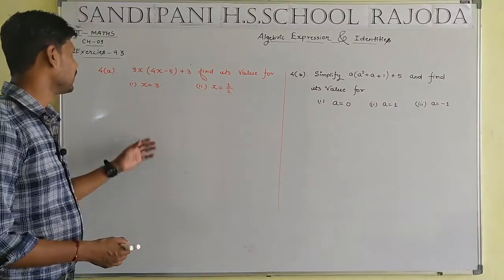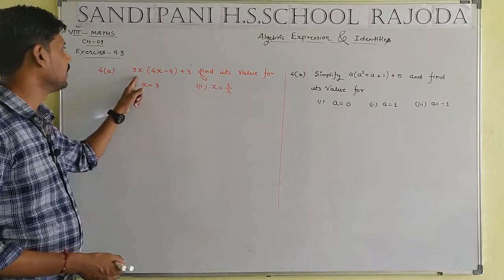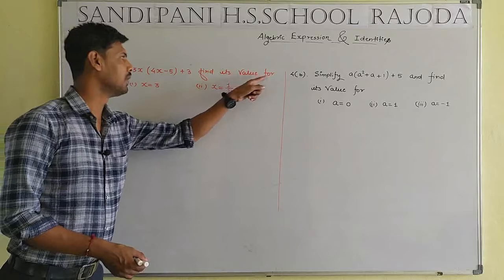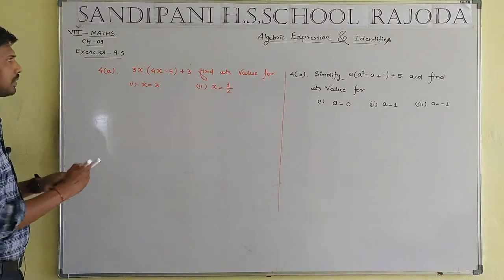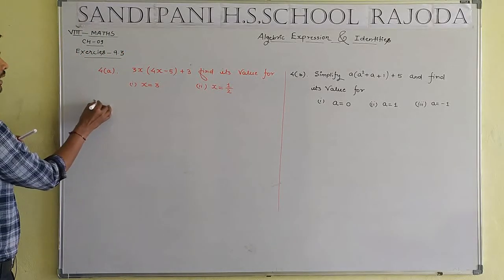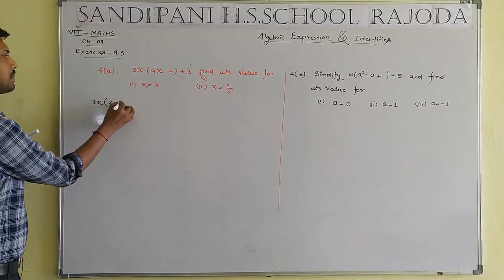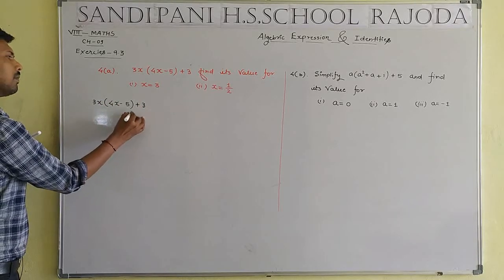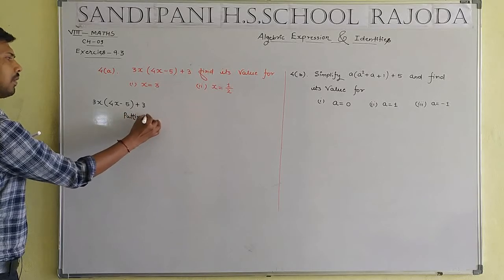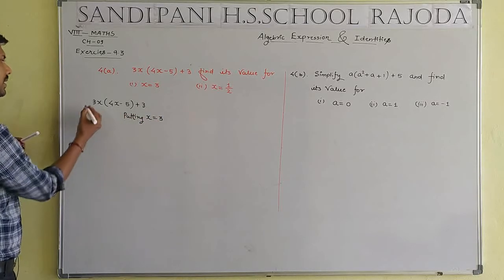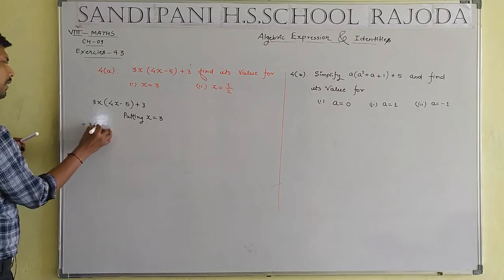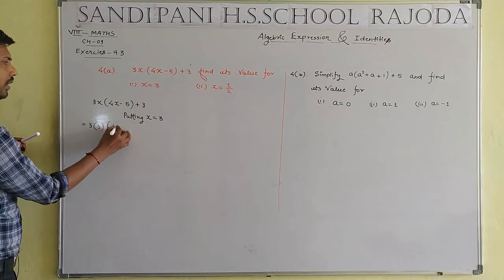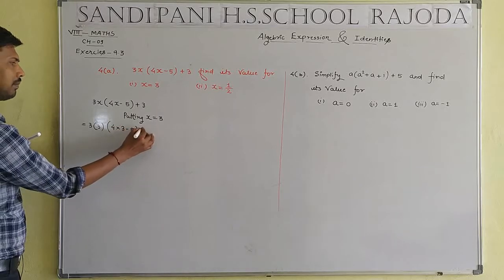Hi student, now we are taking the 4th question. Here 3x into 4x minus 5 plus 3, then find the value for x will be equal of 3. Putting x will be equal of 3, such that 3 into 3, x replaced by 3, 4 into 3 minus 5 plus 3.